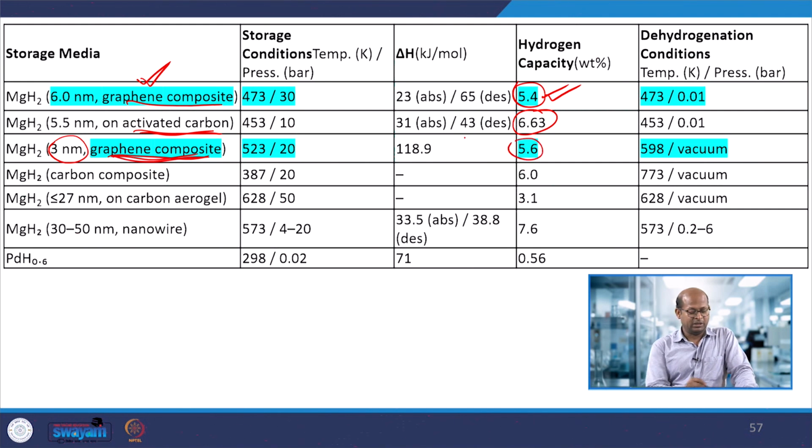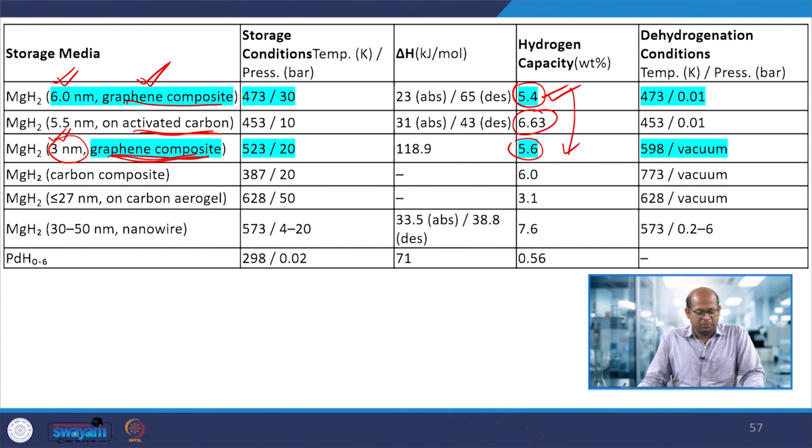The particle size here was 6 nanometers, here it is 3 nanometers. So the particle size changes from 6 nanometers to 3 nanometers, and the storage capacity slightly increased from 5.4 to 5.6 weight percent.